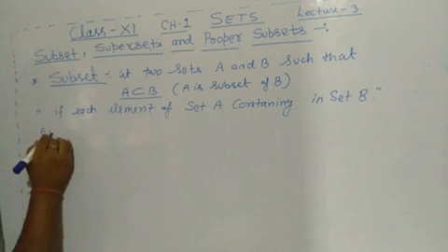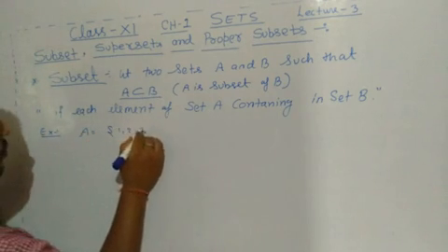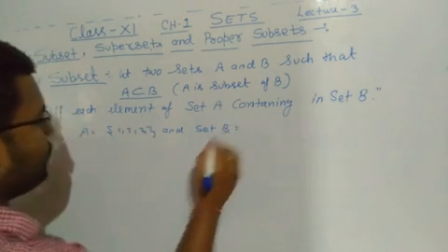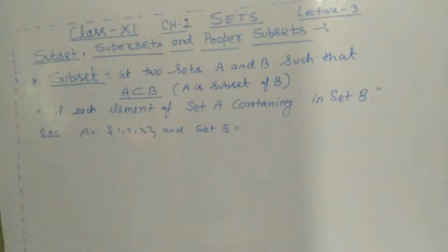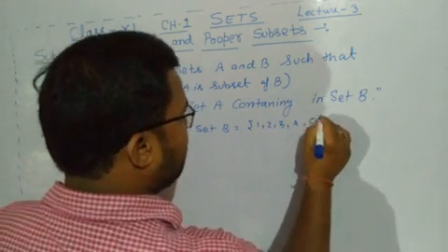For example, suppose set A is equal to {1, 2, 3} and set B is equal to {1, 2, 3, 4, 5}.